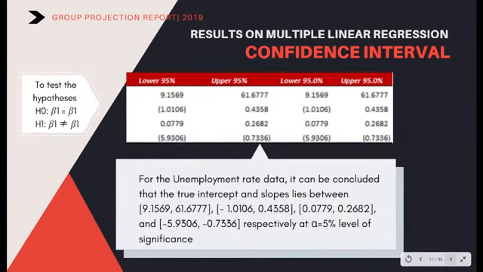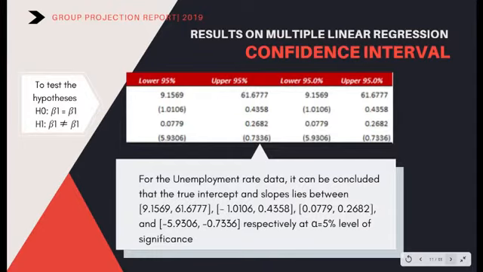Next, we move to the confidence interval. For the unemployment rate data, it can be concluded that the true intercept lies between 9.1569 and 61.6777, while for the inflation rate, it lies between negative 1.0106 and 0.4358.